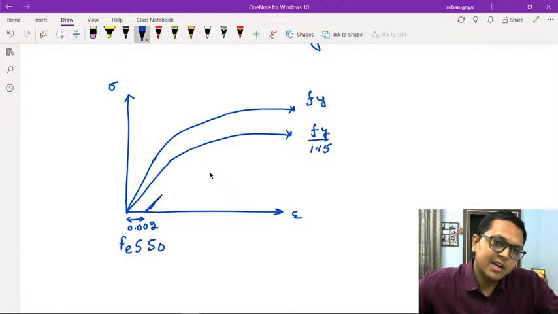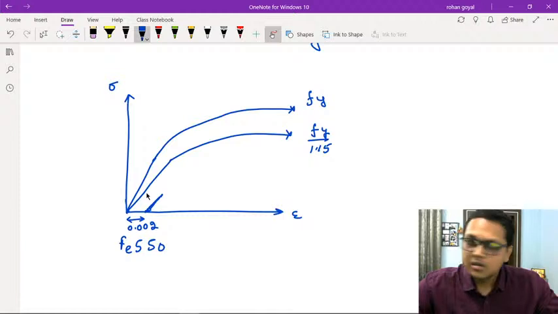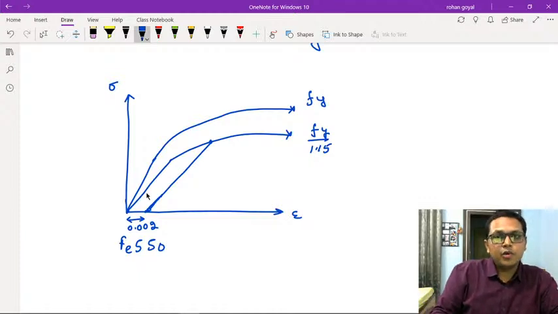Now draw a straight line parallel to this line. The point at which it joins the stress strain diagram will be the yield strength of the steel after applying the factor of safety.